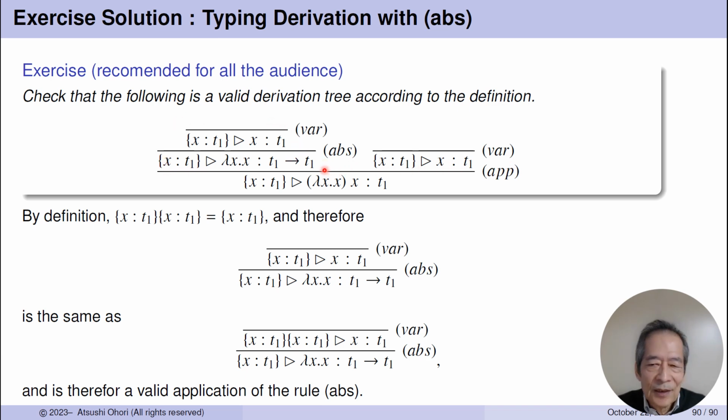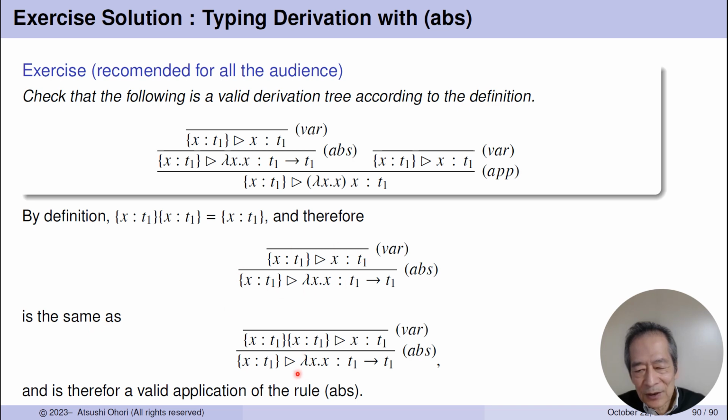Otherwise, this is just a straightforward application, right? This APP is just a standard application. So we check that this is okay, right? So by definition, this notation is defined to be equal to this one, right? So this is by definition. And therefore, this notation is the same.